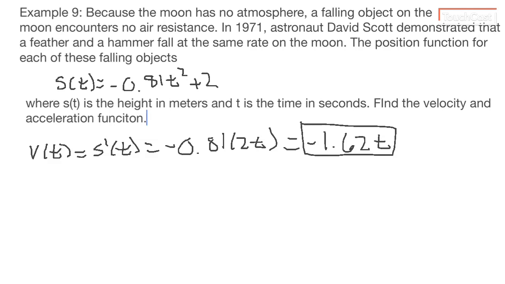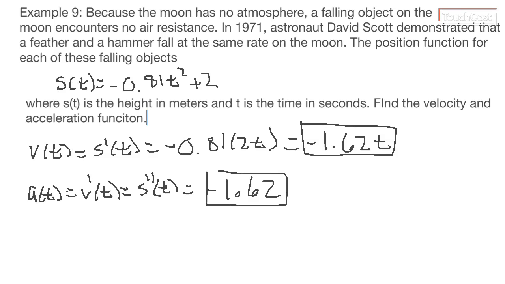So there is our velocity function. To find our acceleration function, we're going to take the derivative of our velocity function, which is the second derivative of our position function. And the derivative of our velocity function is just going to give us a negative 1.62. So we've found both the velocity and acceleration functions, which wraps up lesson 2.3 on the product and quotient rules and higher order derivatives.